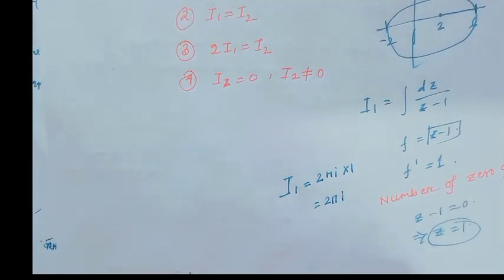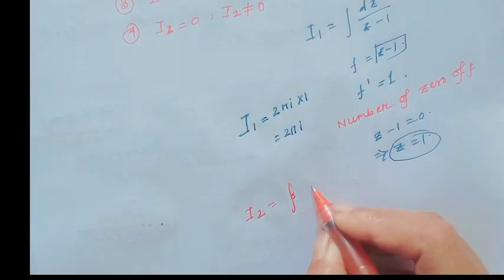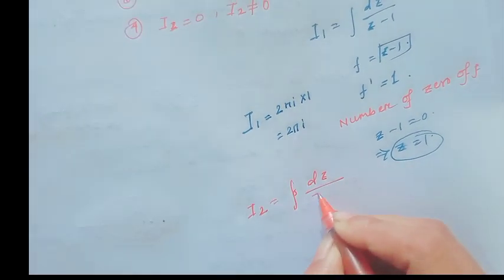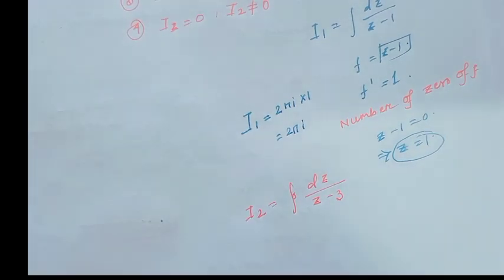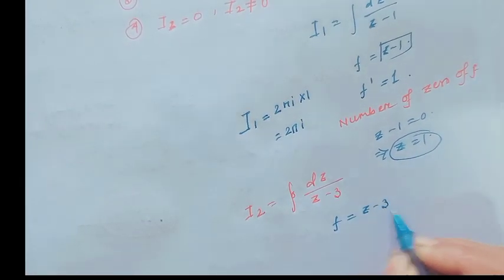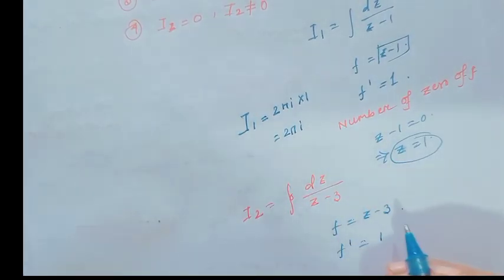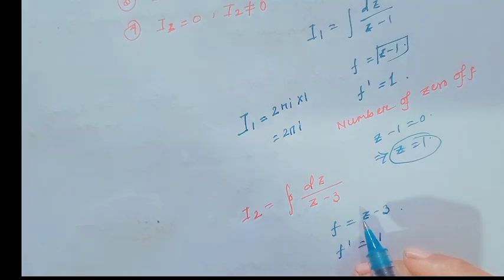And I2 equals the integral of dz over z minus 3. Here also consider f equal to z minus 3, then f dash equals 1. So here also we can use the argument principle.